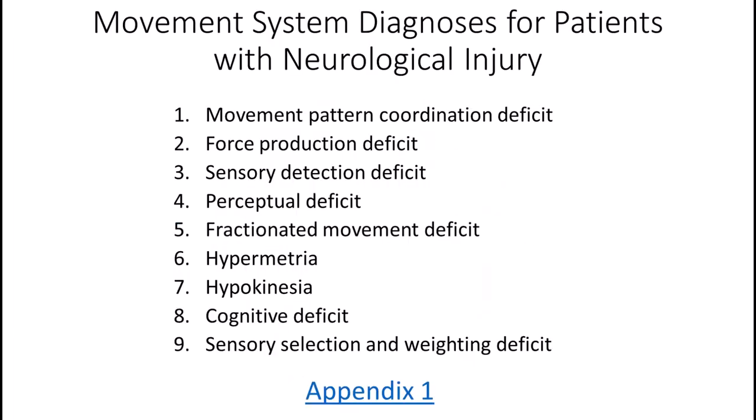In this particular paper, the authors have outlined a series of 9 different movement system diagnoses. The most important thing that I want you to get out of this paper is in Appendix 1, so let's go ahead and check out Appendix 1.